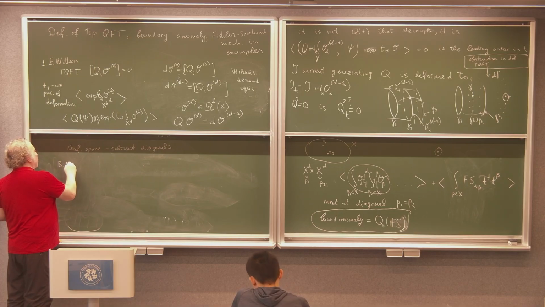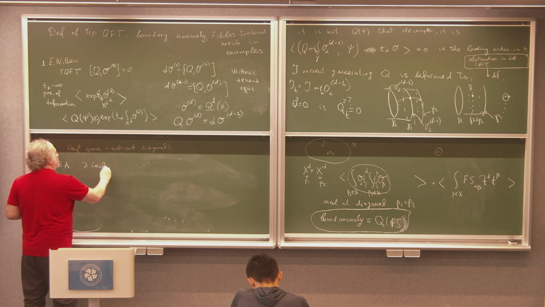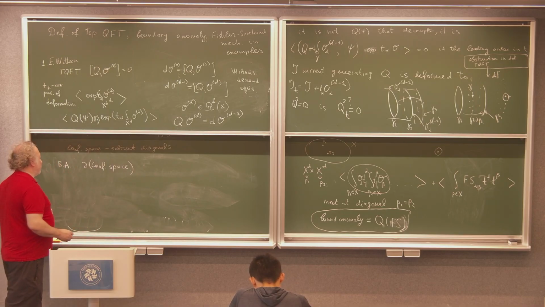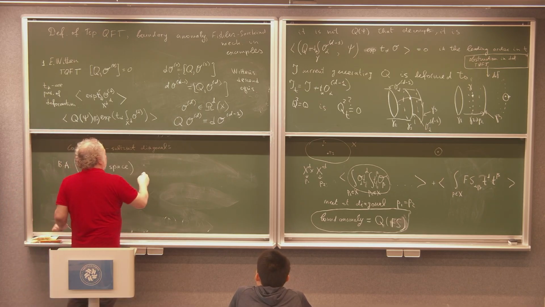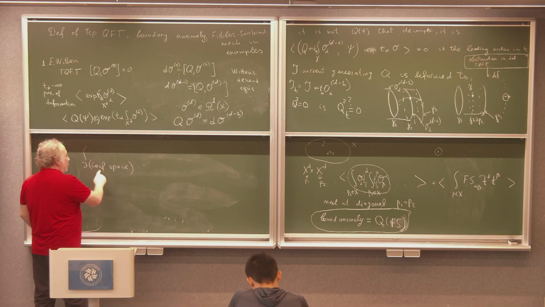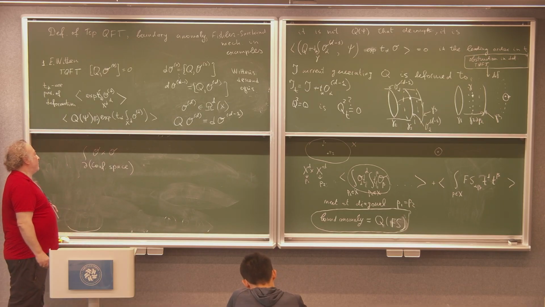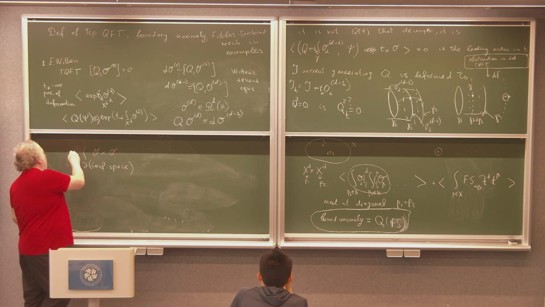So boundary anomaly is the following. You take a boundary of the configuration space, and then you integrate over the boundary of configuration space all times O. Now you apply Q to such construction.